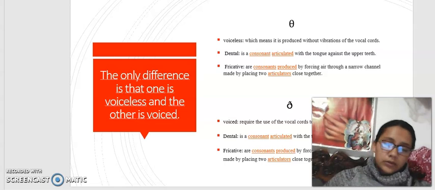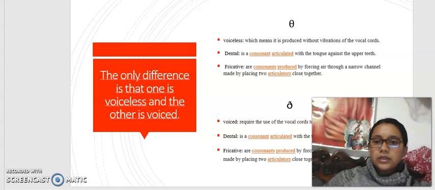Then the other feature is that this is dental, a consonant articulated with the tongue against the upper teeth, and this consonant is fricative, produced by forcing air through a narrow channel made by placing two articulators close together.